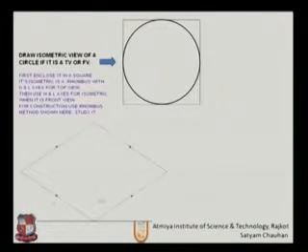Then find the bisects of the other two lines. Hence we got the middle points of all these lines. So we are going to produce a circle in between these points. Let us see how to produce this circle.